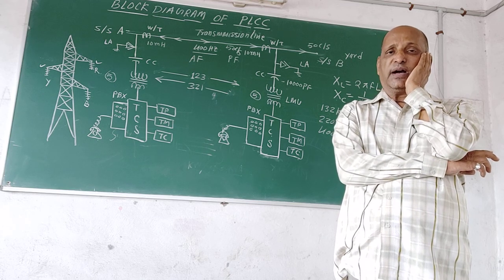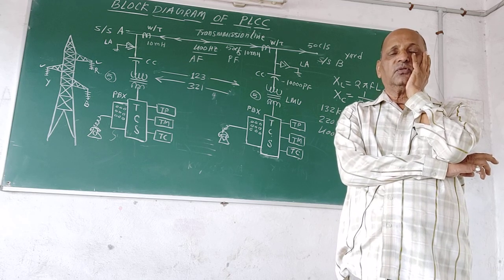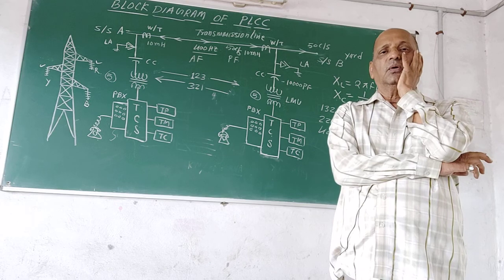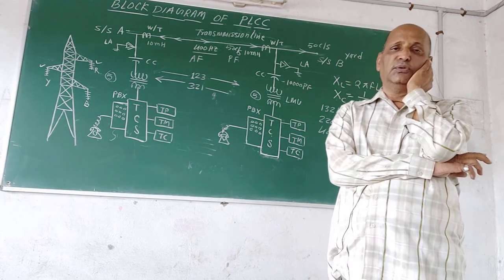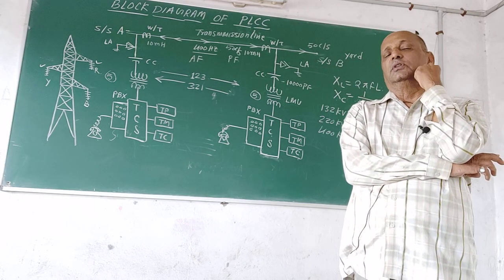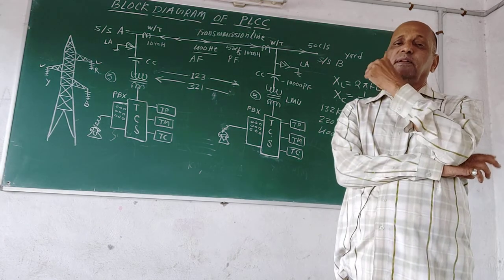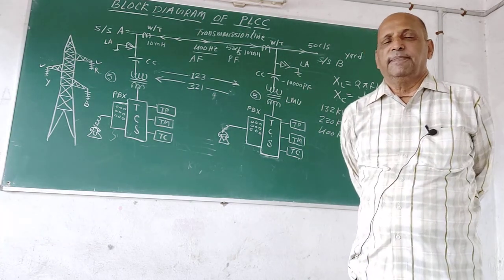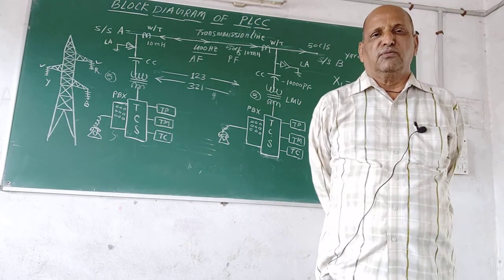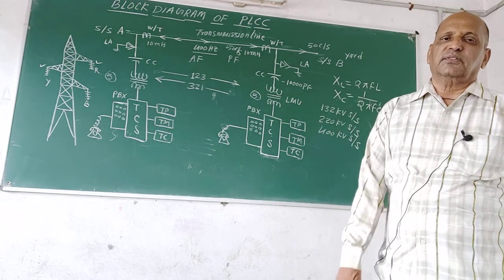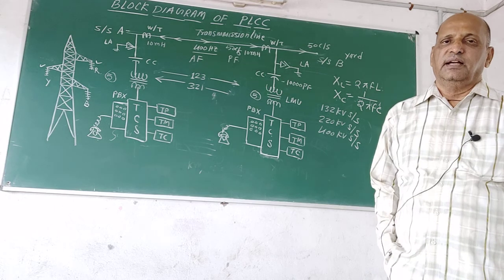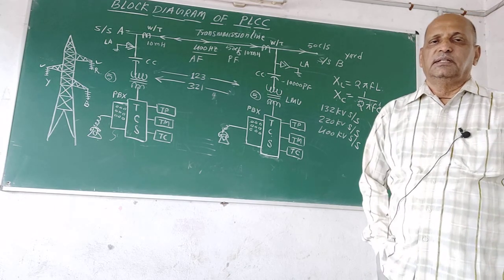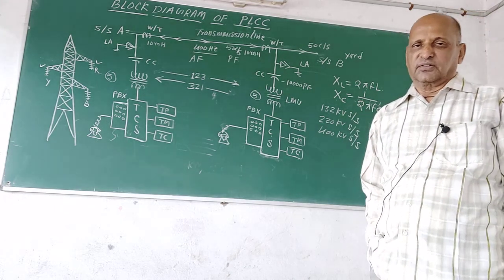Any two wires, either R phase and Y phase, or Y phase and B phase, or R phase and B phase, you can use minimum two phases for communication. Why two phases? Suppose one phase becomes faulty, or there is any problem in one phase, then your communication will not stop, and the second phase will continue the communication.